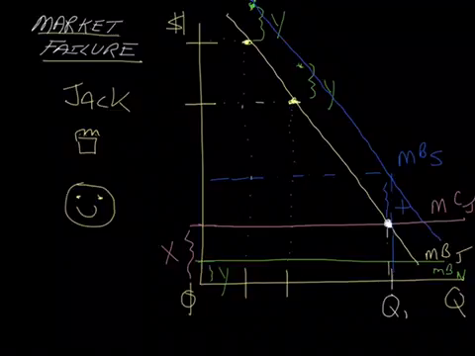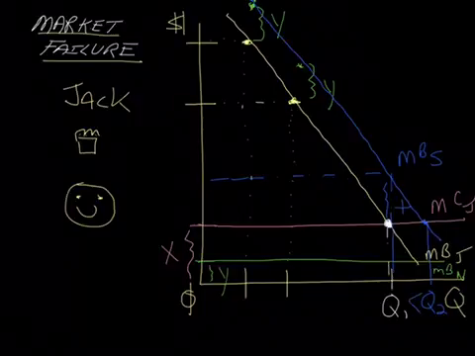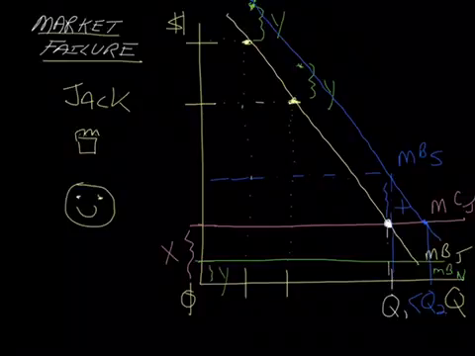And the new equilibrium is where the blue line intersects the marginal costs for Jack, the red line, reflected by Q2. In this example, we see that there are too few muffins being produced if we were to consider the total value that society receives from Jack producing them.